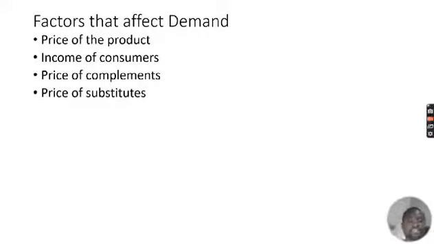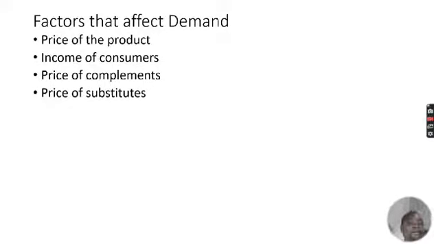Okay, price of substitutes. Now, what are substitutes? Substitutes are products that you can take in place of the other. For example, in place of tea, I can take coffee or cocoa. So what does that mean? If the prices of substitutes go high, then the demand for that main product, tea, will be high.